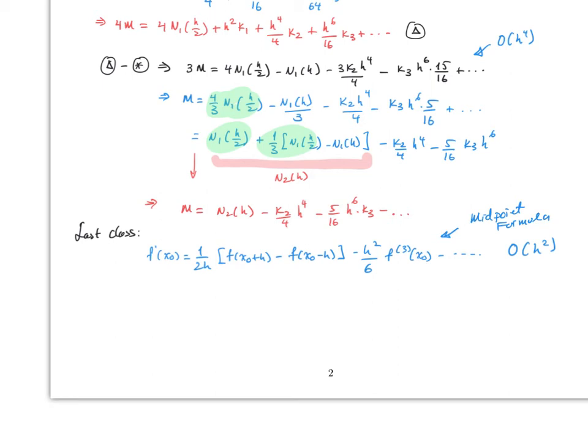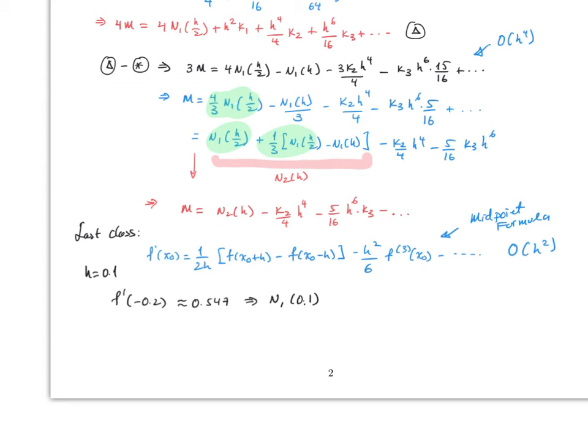And also from last time, we approximated f prime of minus 0.2, and this was around 0.547. But remember that this means N1 of 0.1, so h is still equal to 0.1.